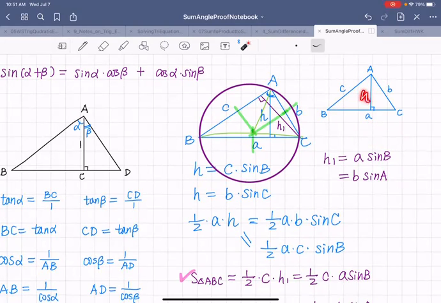H also equals B times sine C. Cindy, does that make sense? Yeah.